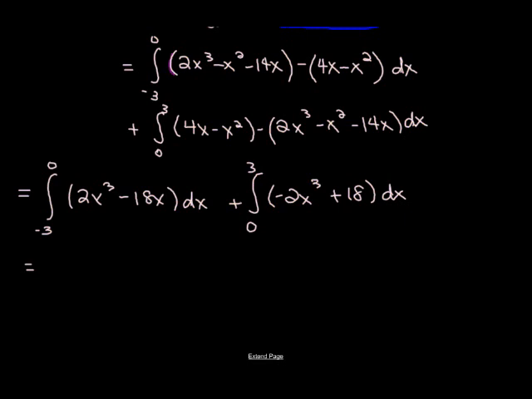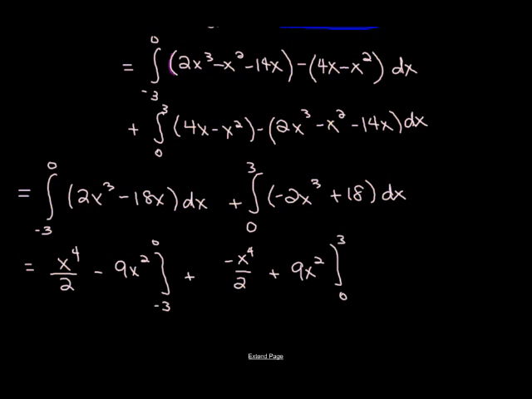Now we'll do our integrating. For our first integral, we get x to the 4th divided by 2, minus 9x squared, evaluated from -3 to 0. For my second integral, we have negative x to the 4th over 2 plus 9x squared, evaluated from 0 up to 3.